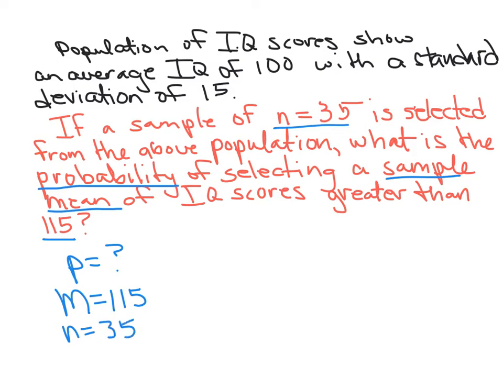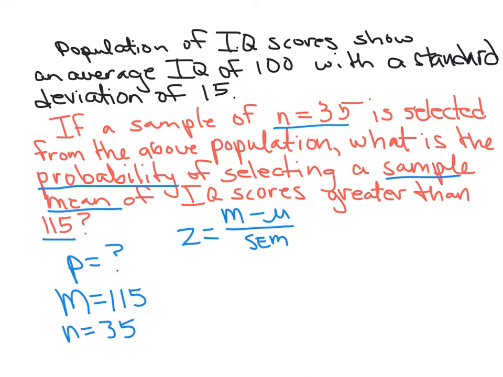So if we are looking for probability, we need to find a z-score. To get a z-score using sample means, we're going to use sample mean minus population mean divided by standard error of the mean. So we have everything we need to do that.